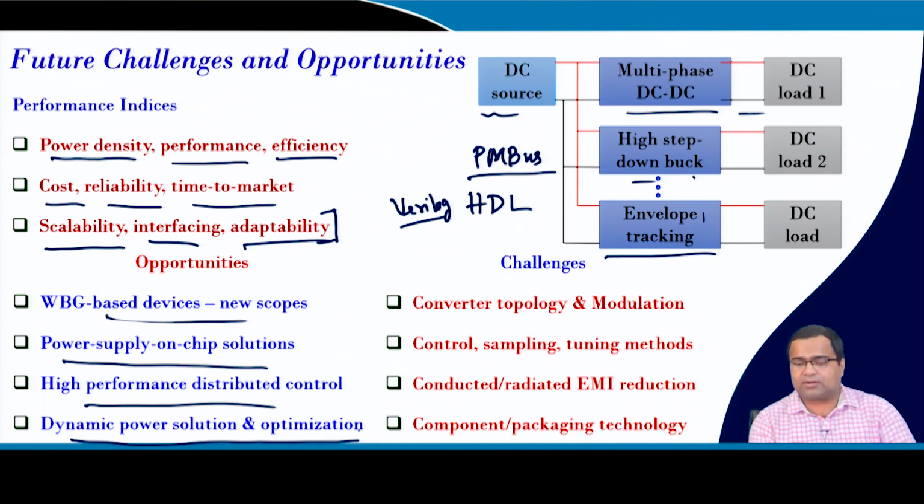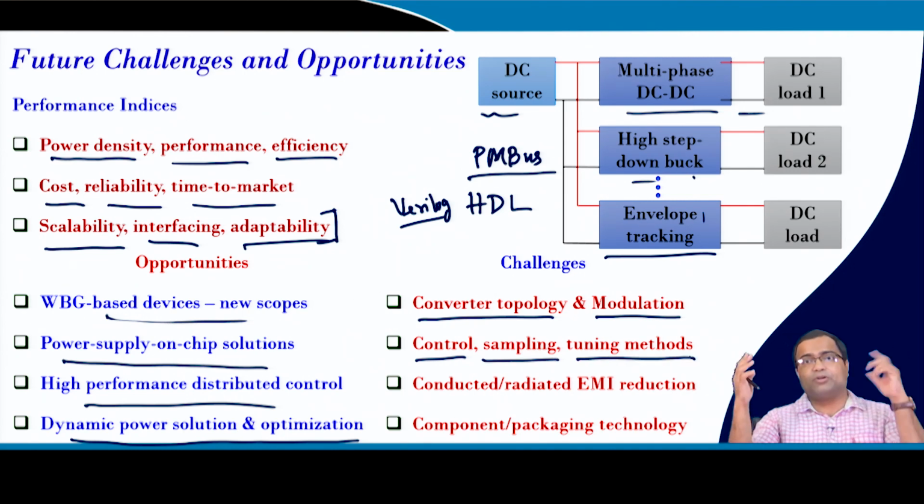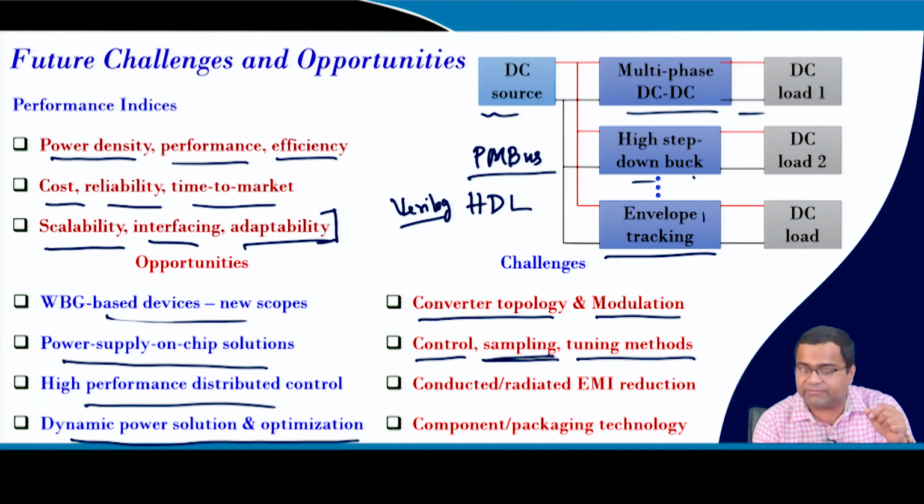And the challenges are developing suitable converter topology, modulation technique, maybe the digital modulation technique, then control technique, sampling method and tuning method, those are very important, like we talk about event based sampling.